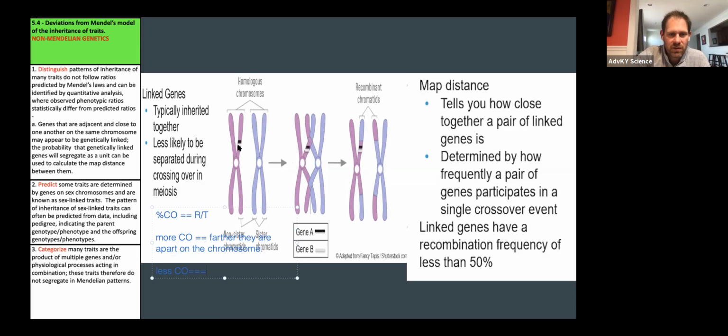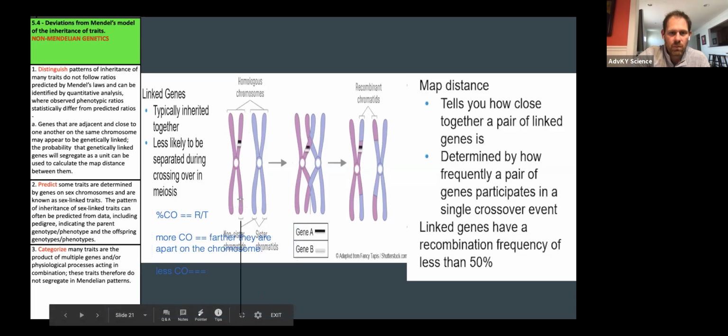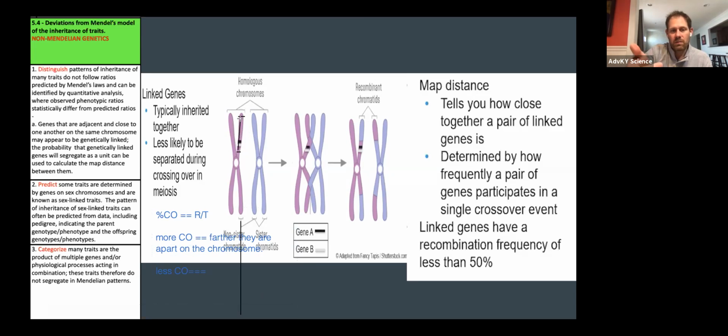So what that's saying is these are very close together. If they were to switch and become on different chromosomes, the crossing over would have to happen in that very, very minimal space. Otherwise, if one gene was up here and the other gene was down here, crossing over could happen anywhere through that space and they could switch chromosomes essentially.